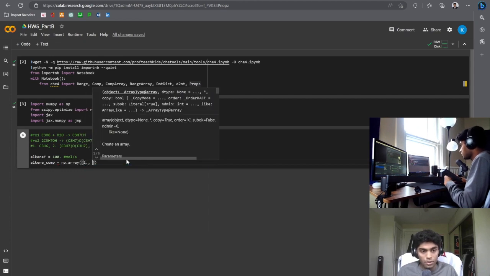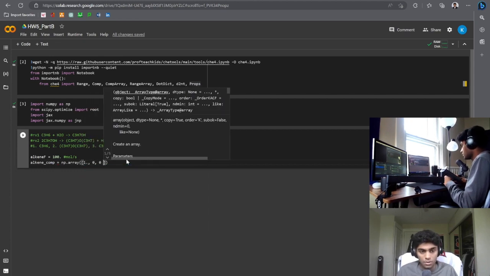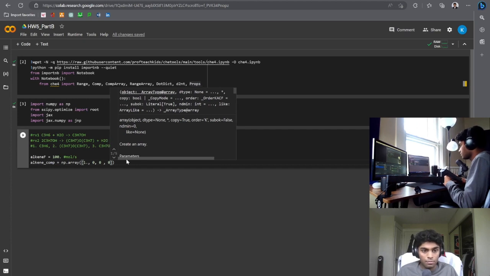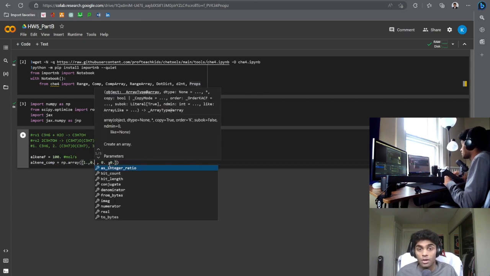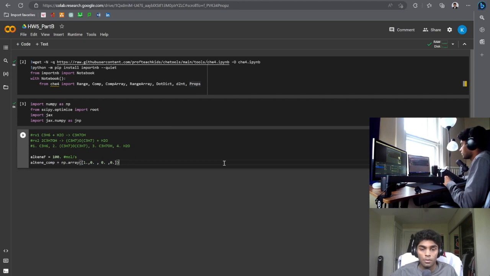And that's going to be 1, 0, 0, 0. And remember, we're doing that because we are assuming we have 100% pure propylene for the inflow.